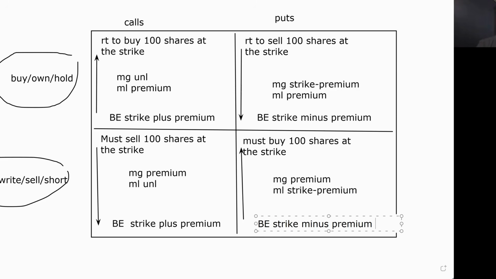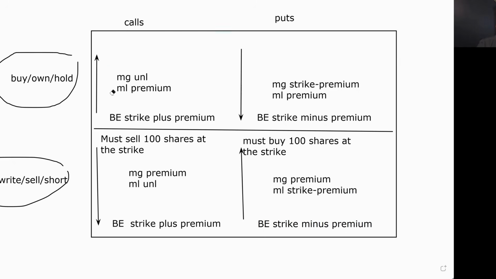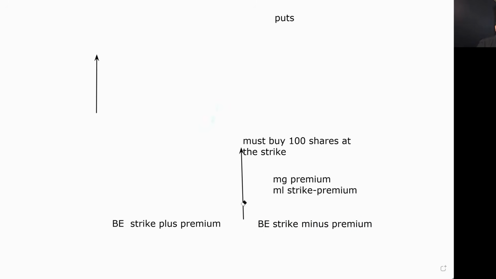So that's one thing. The next one is, and I think I did it already, but I want to make sure that we have it. Press pause if you need to, go backwards, watch it again. Okay, here's the other one. If you're long stock, I'll add a few things to give you a gift. If I want to protect it, I buy a put. If I want to add income, generate cash, increase yield, I'm going to sell a call.